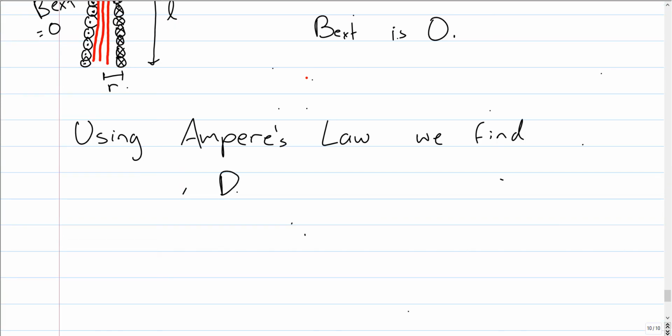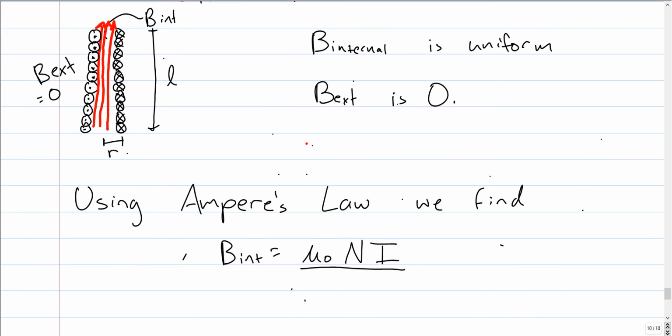Turns out that the magnetic field inside an ideal solenoid is equal to mu naught, our usual constant, multiplied by capital letter N, which will be the total number of loops in the solenoid, multiplied by I, the current that's running through them. And again, even though it's not as obvious, there is a current running through them.